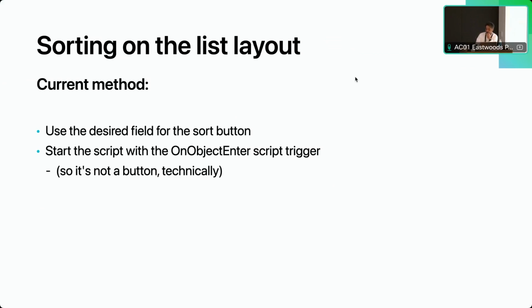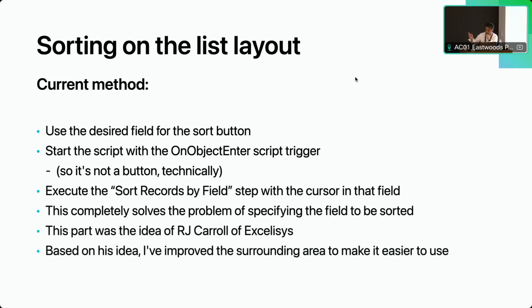Execute the sort records by field step with the cursor in that field. The idea for this part was from Mr. RJ Carroll of Excelsis, a long time ago, I don't remember. Based on this idea, I've improved the surrounding area to make it easier for me.